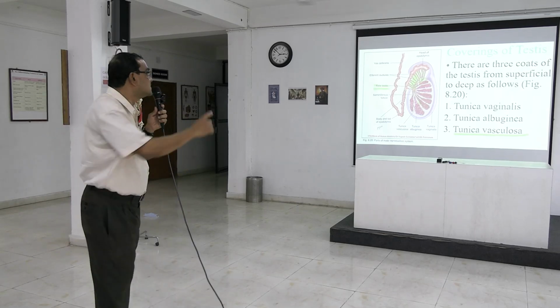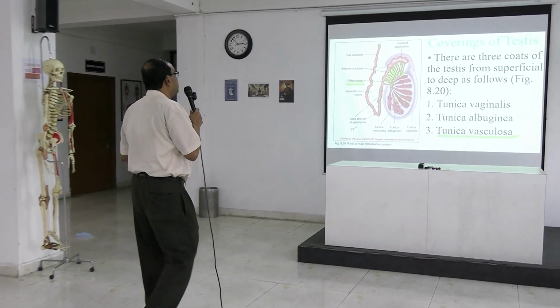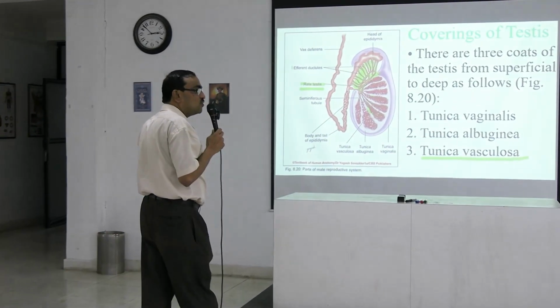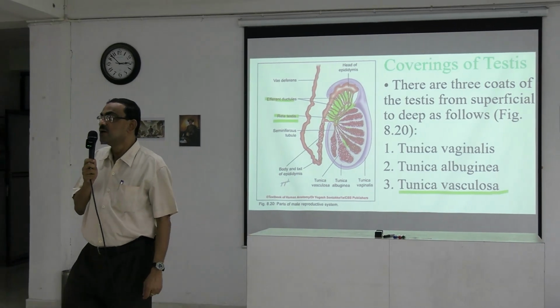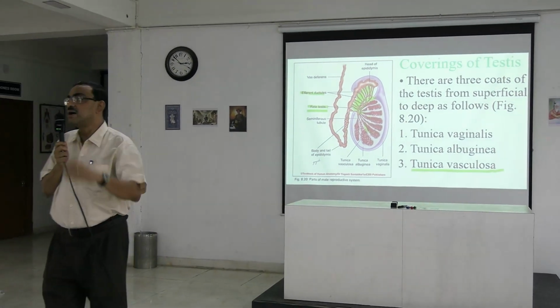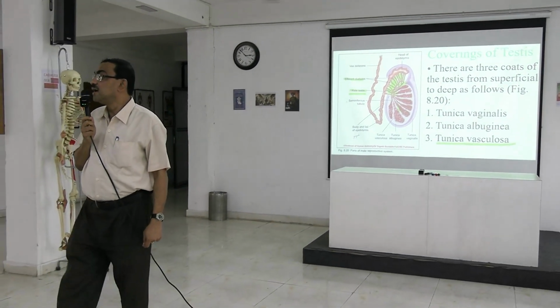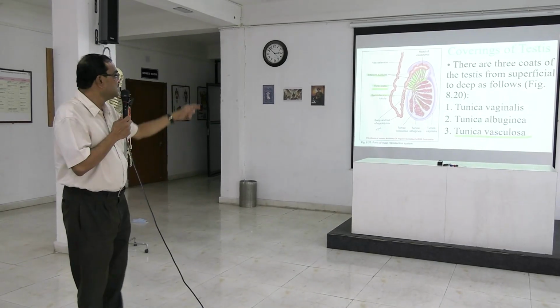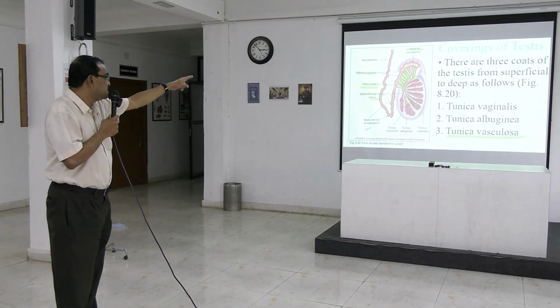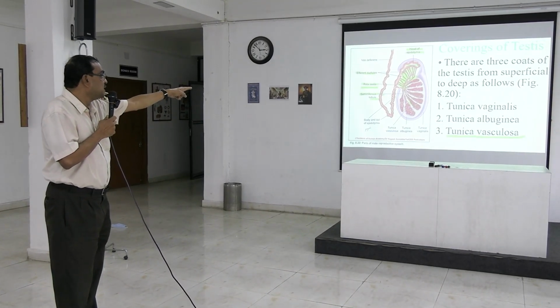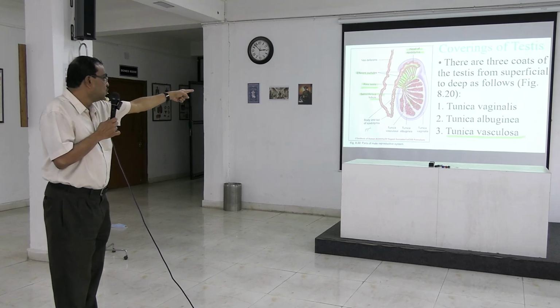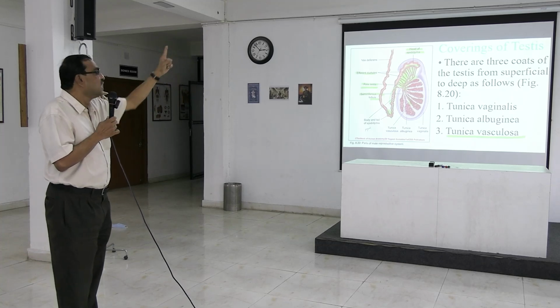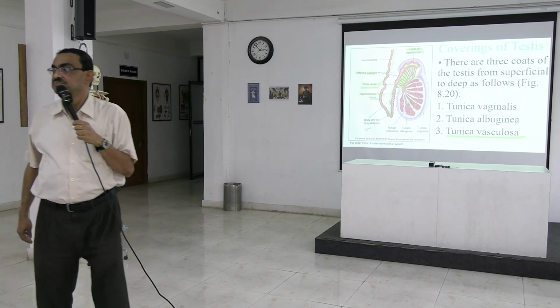And from the rete testis, we can see some efferent ductules. Around 12 to 15 efferent ductules come out, and they are continued above as the head of the epididymis. And this head of the epididymis is continued as the body, and the body and the lower part is known as the tail, and the tail is continued as vas deferens.